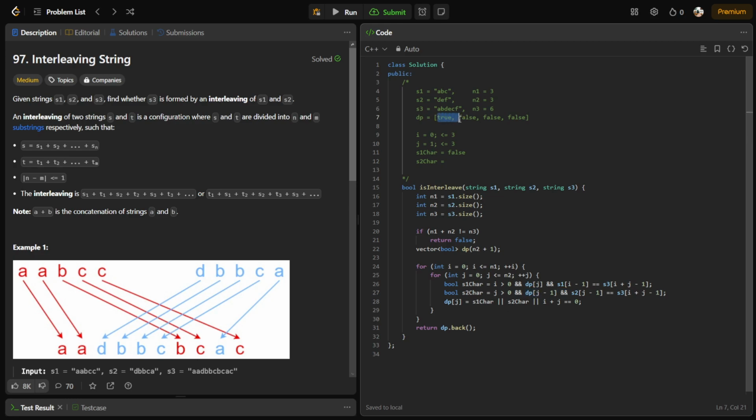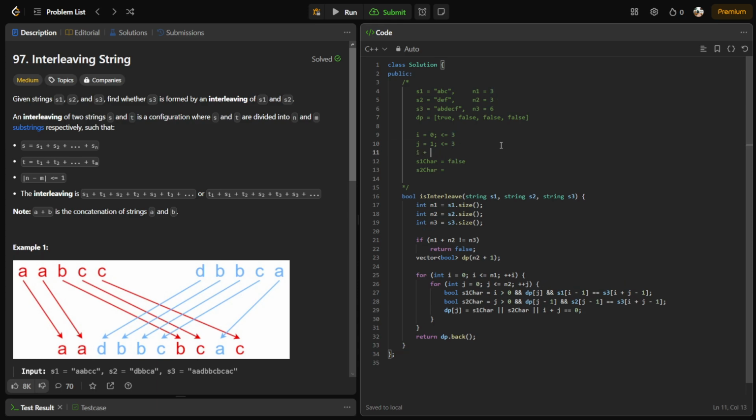Since this is true, we can continue. s2, string 2, j minus 1. This is equal to s3 of i plus j minus 1. So in this case, since D and A are different, this is false. Let me do an i plus j as well. i plus j goes to 1.